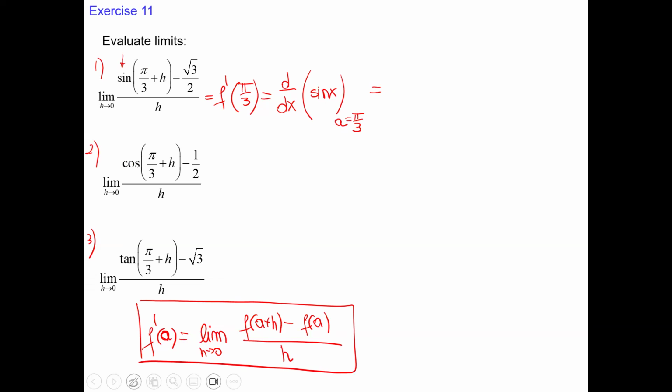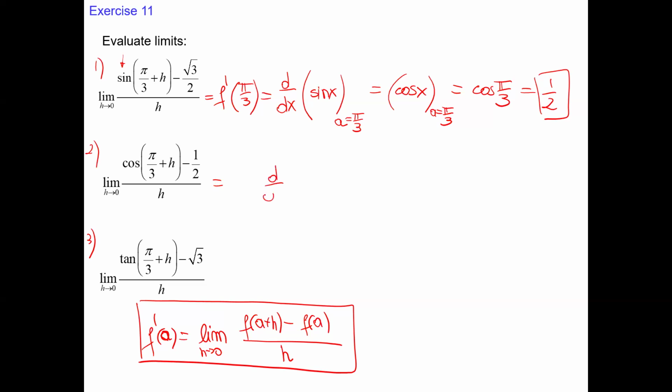Okay, that means the derivative of sine of x is cosine of x, and we just have to substitute pi over 3. That means cosine at 60 degrees is 1/2. Okay, another one: the derivative with respect to x of cosine of x at the point pi over 3.